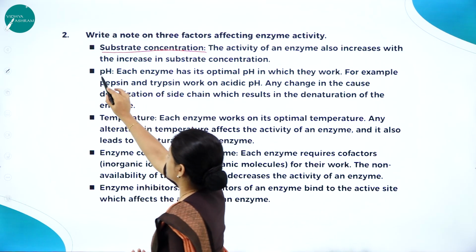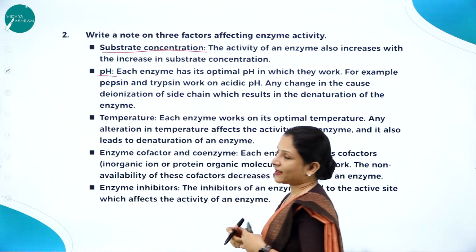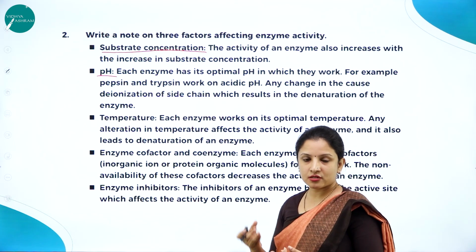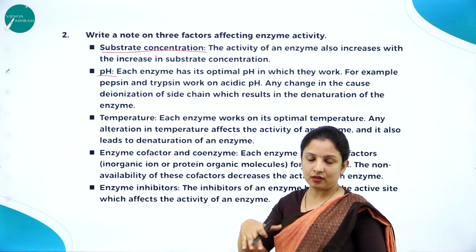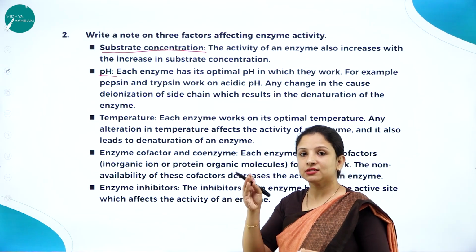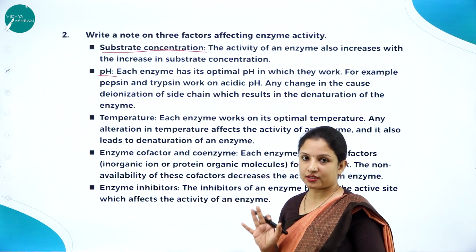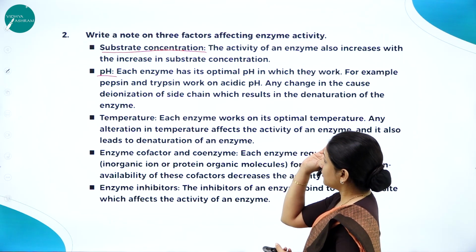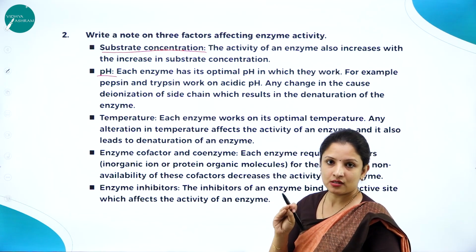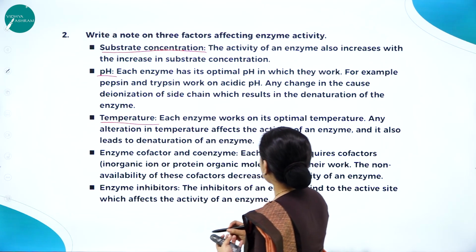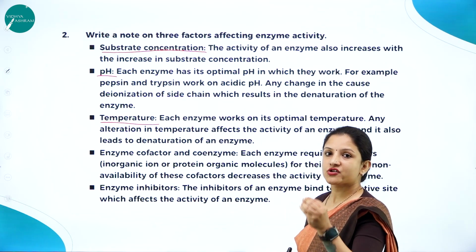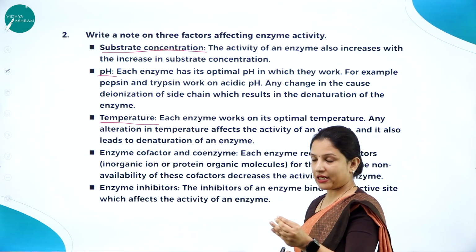Next is pH. So each enzyme has its optimum pH. So if the pH is more acidic, or if it becomes basic, or if it becomes neutral, only certain enzymes will perform certain functions. So therefore the pH also affects the activity of the enzyme. Next is temperature. So optimum temperature is needed for the functioning of the enzyme.